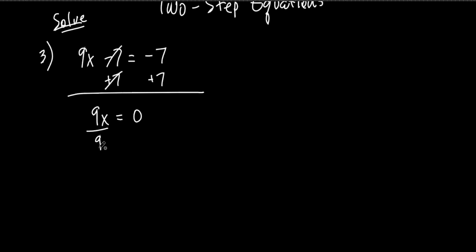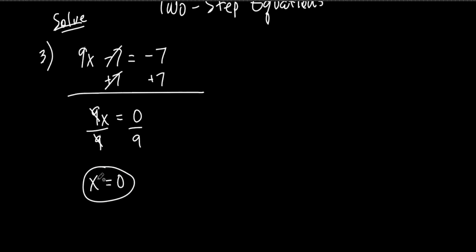That's the opposite. We divided because 9 was being multiplied. If we do that to the left side, we also do it to the right side. So what happens? The 9 cancels out. Does the 9 become a 0 over here, though? No, it's 9 divided by 9, which is 1, and it's 1 times x. So that gives me x. 0 divided by 9 is 0. That's my answer.